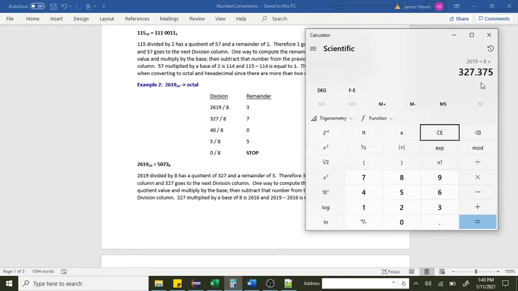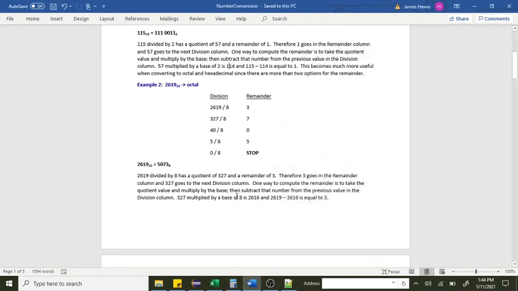It's clearly not a remainder of 0, but it may not be completely apparent what the right answer is. So the easy thing to do here is to take the 327, multiply by 8. That gives me 2616. 2616 and 2619, that's a difference of 3. So my remainder is 3.